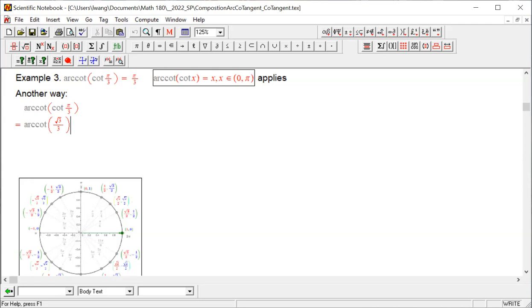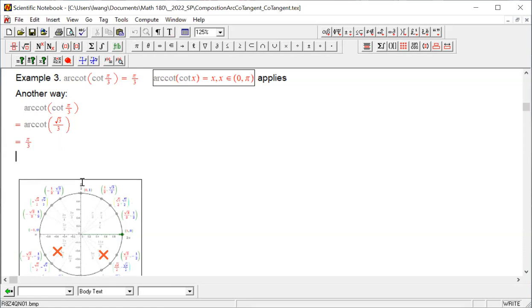If it is, it is wrong for sure. For arc cotangent, we chop off the third and fourth quadrants. So what angle corresponds to that positive ratio? It's in the first quadrant, and that is pi over 3. You can see that everything we learned is applicable right here.